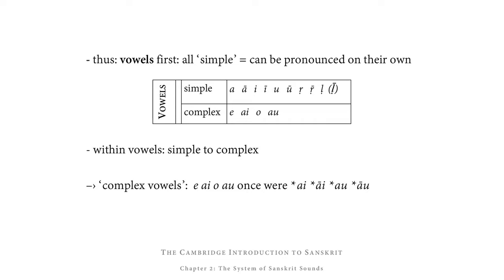So from back to front within the simple vowels. The reason why that long vocalic L is listed in brackets is because it actually doesn't exist within Sanskrit. It is listed in grammars simply to make the system a little more balanced.